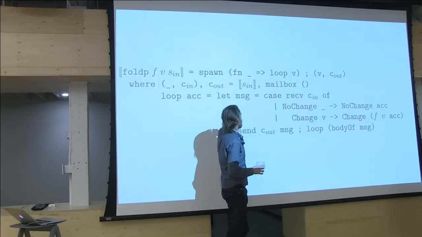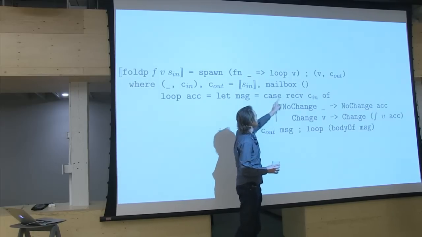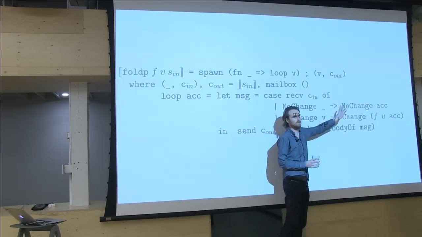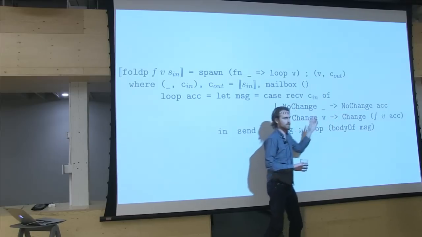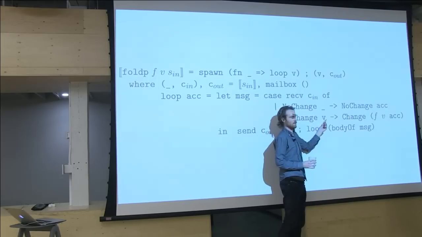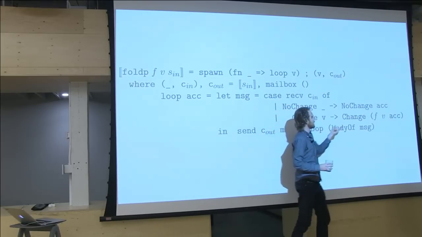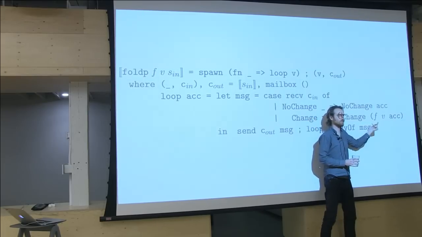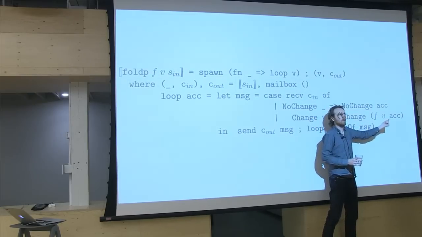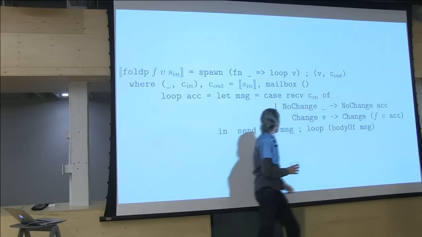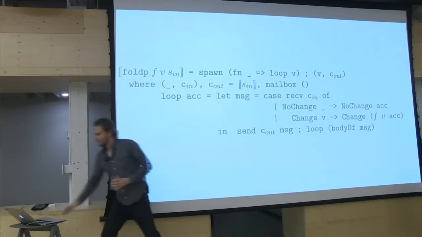We receive from the input channel, and if it's a no change, we send out a no change with the previous accumulator. If it's a change of some value, then we send out a new change with the folding function applied to the new value and the accumulator, and then we loop. Good?